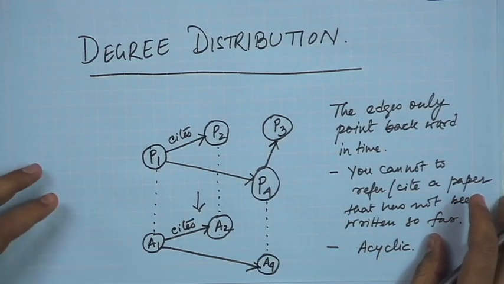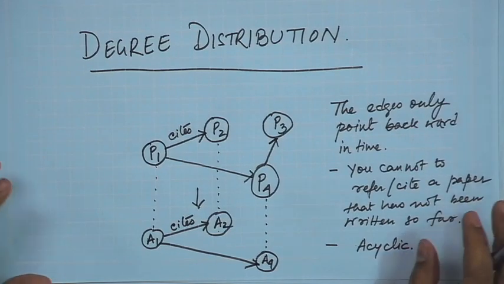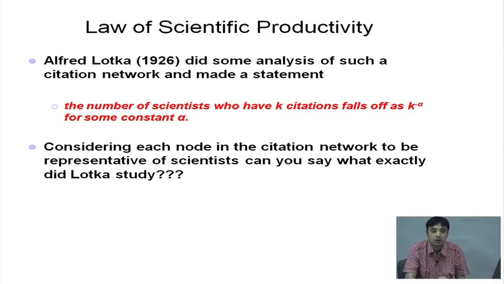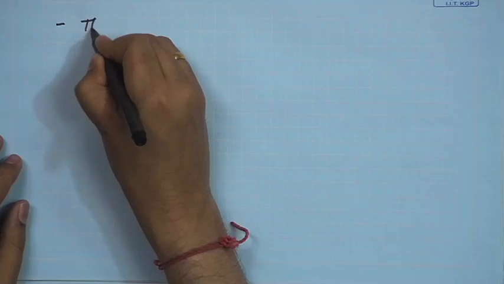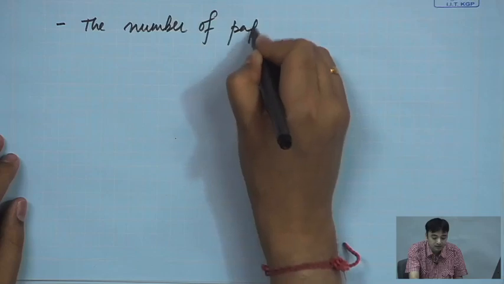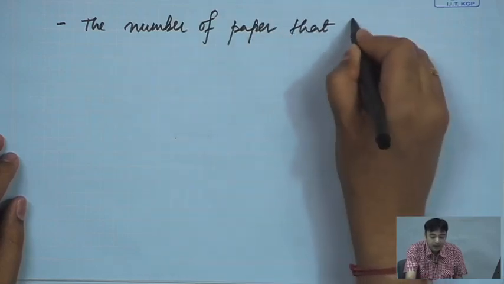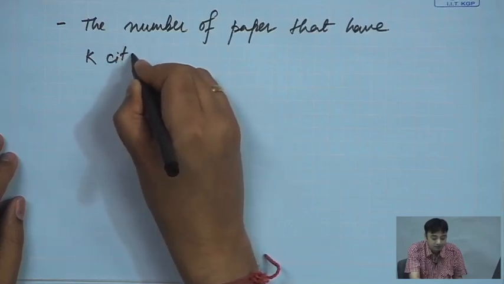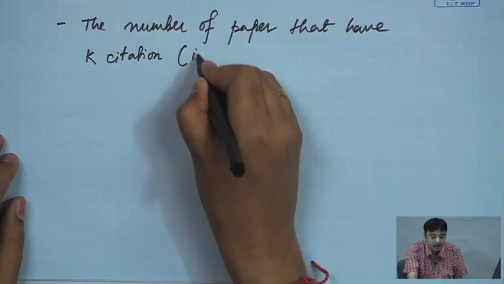Now, when this construction was made, there was a famous scientist called Alfred Lotka in 1926. He observed a very interesting phenomenon, and you can write it both in terms of papers as well as in terms of authors. So, the number of papers that have k citations, that is in degree.